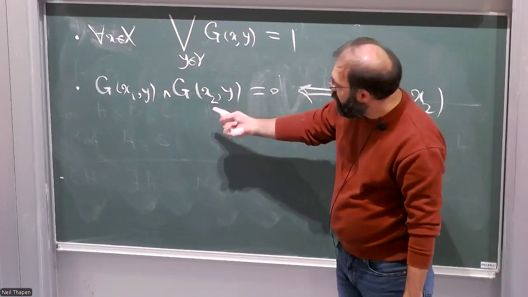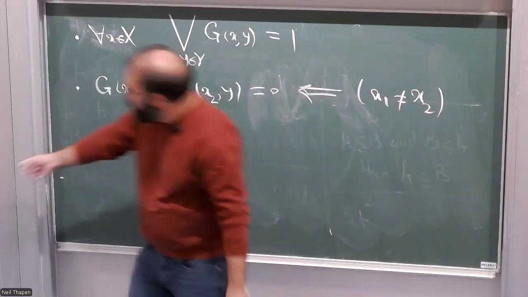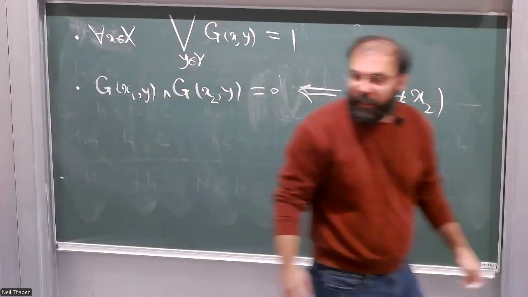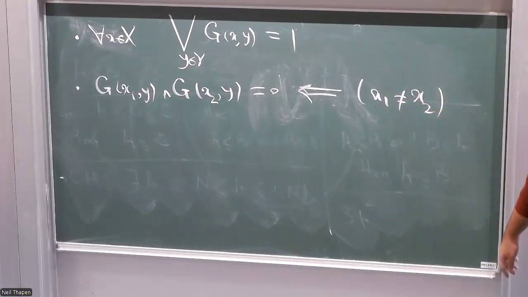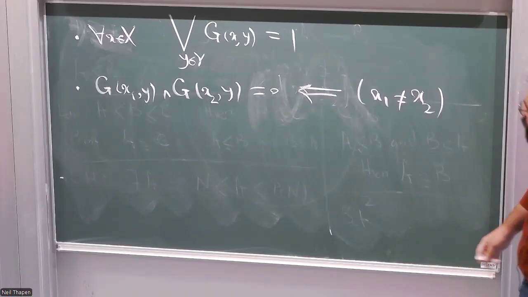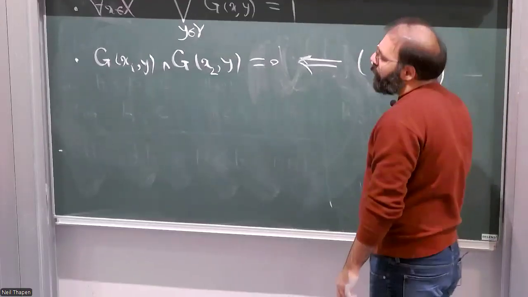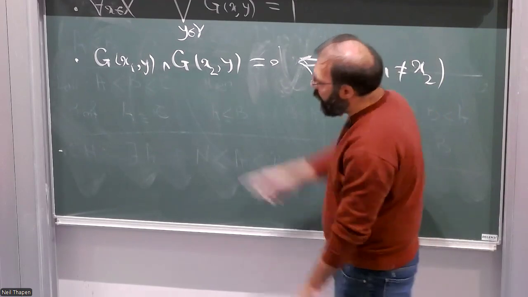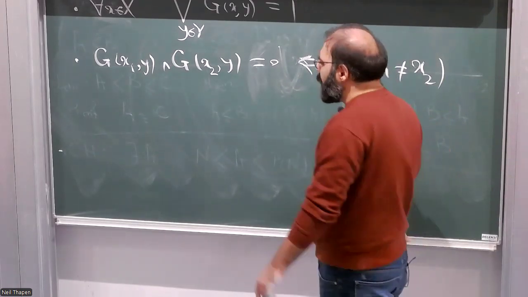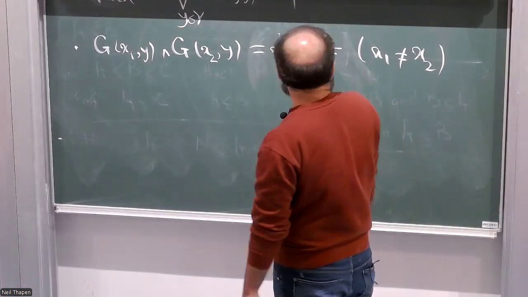So now, slowly you can see my Suslin property. Then let's prove it. What do I want to prove? I want to prove that the cardinal of x is less than the cardinal of y. How to do it? Here is the trick.